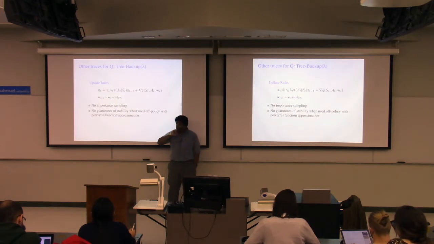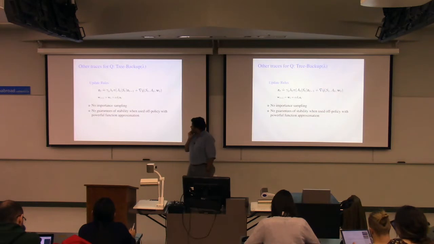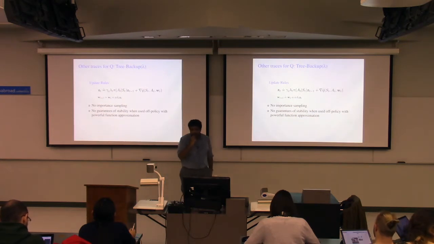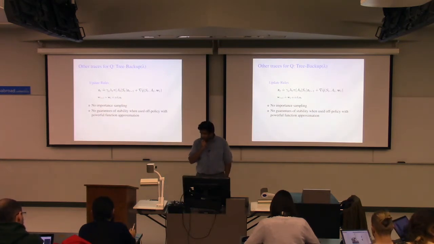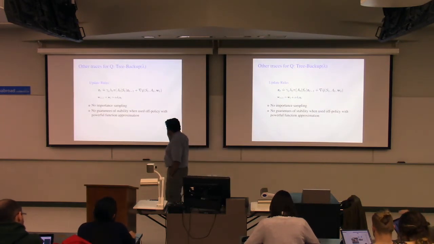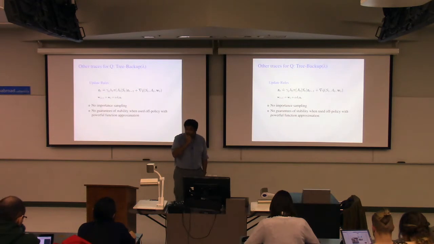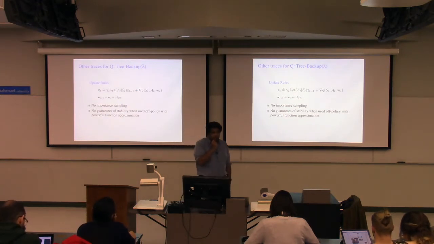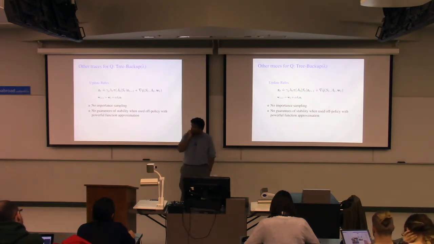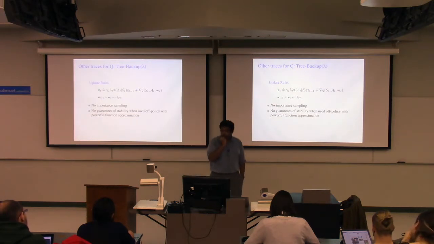This can behave relatively well, sort of like SARSA, but despite that, there are still no theoretical guarantees of stability when used off policy, right? So this gives you another update rule that you can use instead of SARSA when you want to use traces for control. Good?